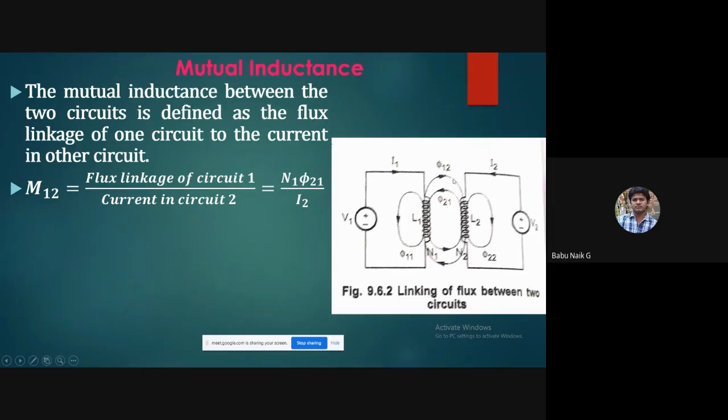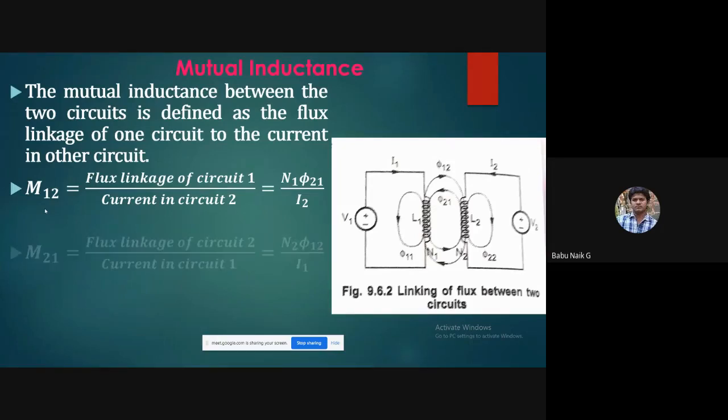So M12 is the flux linkage of circuit 2 over the current in circuit 1... more precisely, flux linkage completely phi 12 linked with the second circuit, with the number of turns N, over I2, which is the current in the other circuit. This is mutual inductance M12.